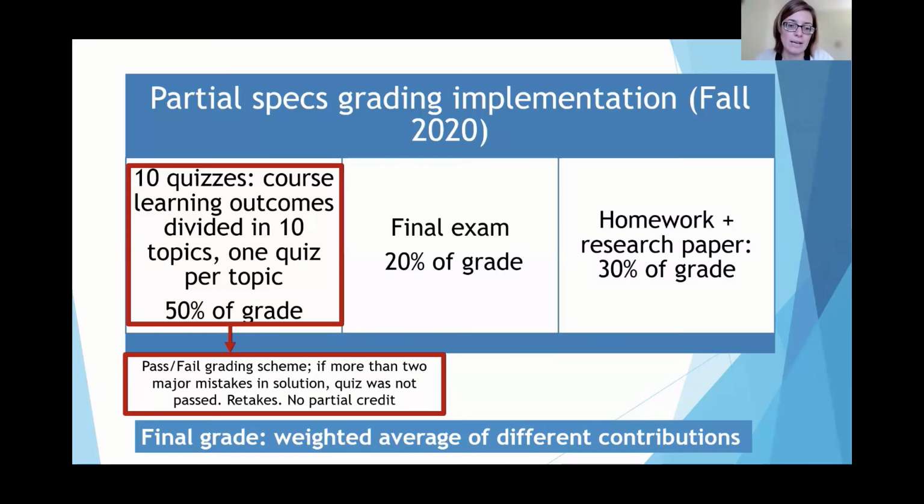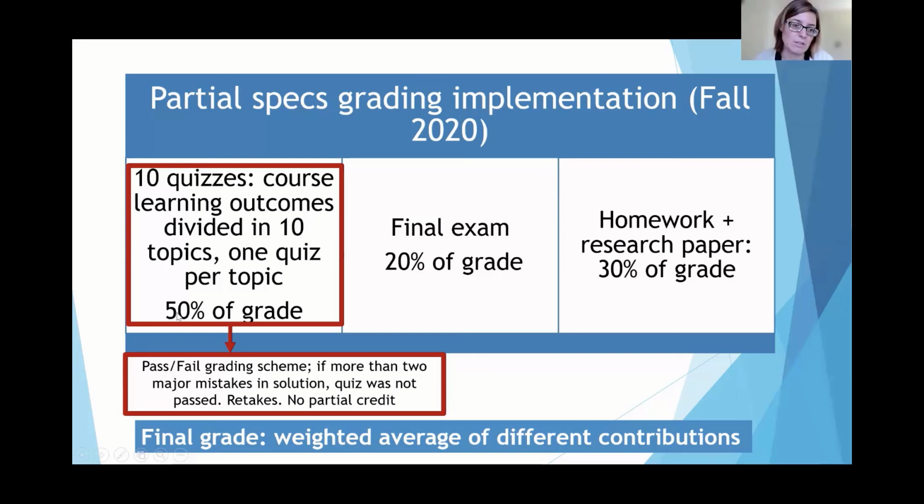And I did not allow students to progress from one quiz to the following one unless they had passed all the prerequisites. The reason for that is that this class has many topics that build on each other, and so students are really not able to solve, let's say, quiz 5 if they have not really mastered the topics of quiz 1, 2, 3, and 4.